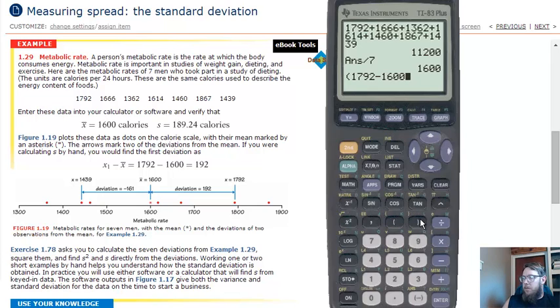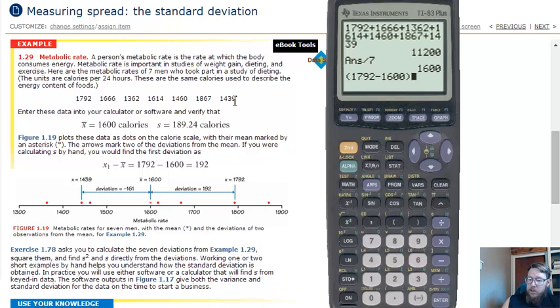That'll give us how far away from the mean that first value is. It's going to give us a positive number because it's above the mean. When we do 1362 minus 1600, that's going to give us a negative number. When we add all those up, it's going to give us 0.